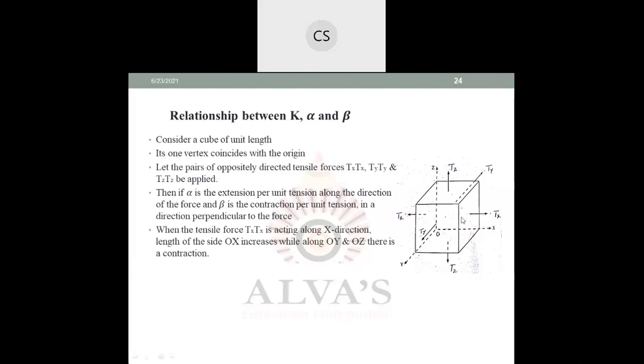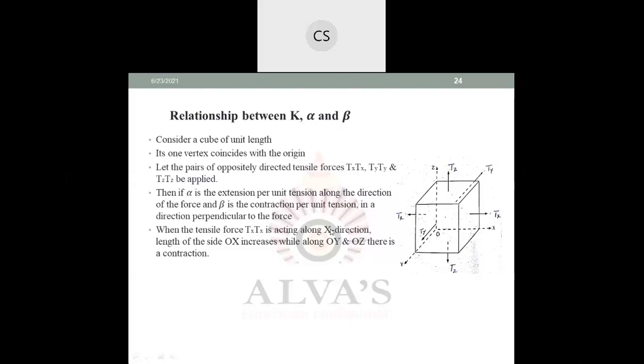Tx is acting in the x direction. Then there is an extension along Ox, an increase in the length. That amount, let us say, alpha, is the extension.